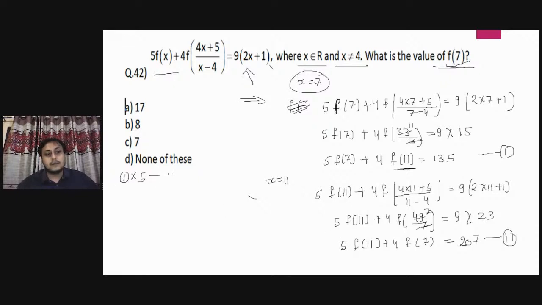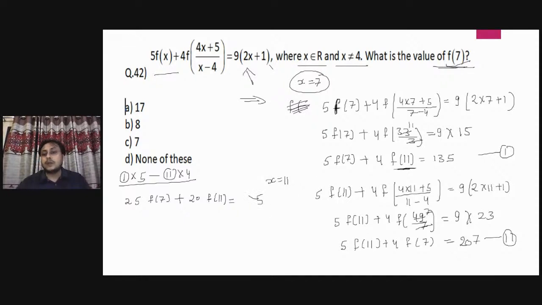First into 5 minus second into 4. Apply this operation and you will easily get the value of f7. First into 5 becomes 25 f7 plus 20 f11, equals 5 into 135.